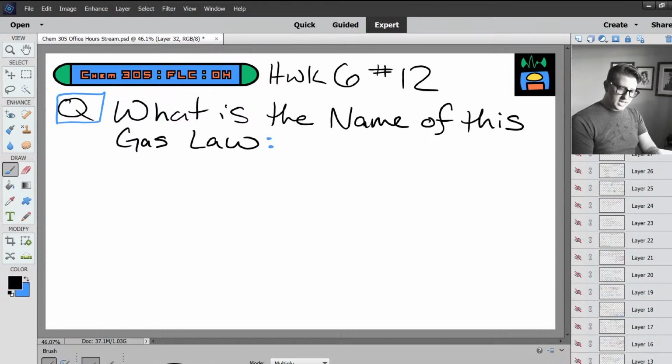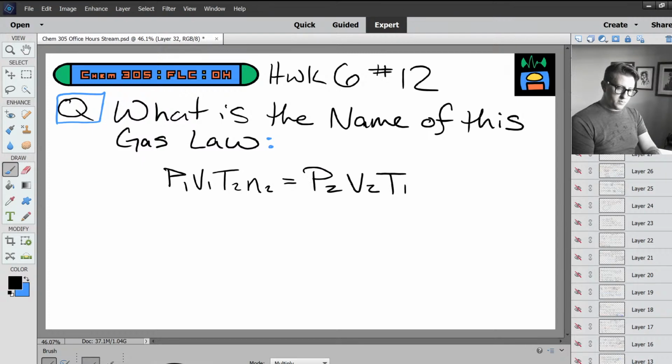And then the equation they give is P1 times V1 times T2 times N2 is equal to P2 times V2 times T1 times N1.